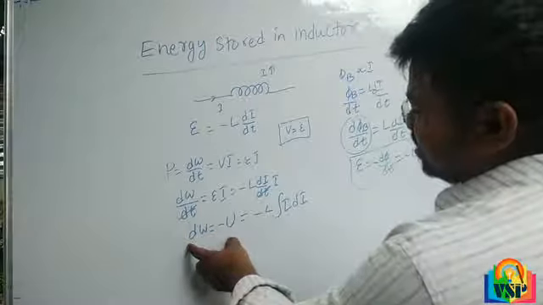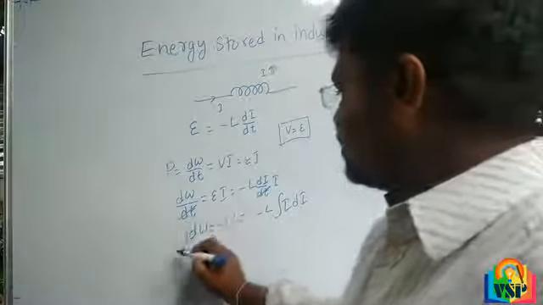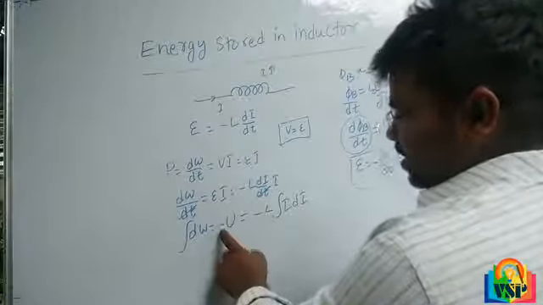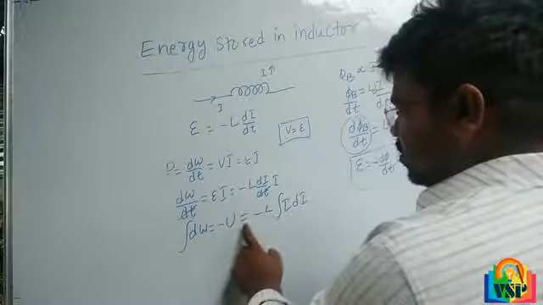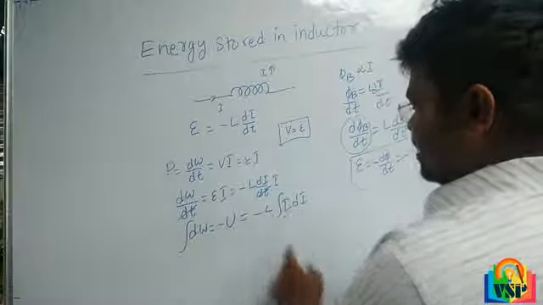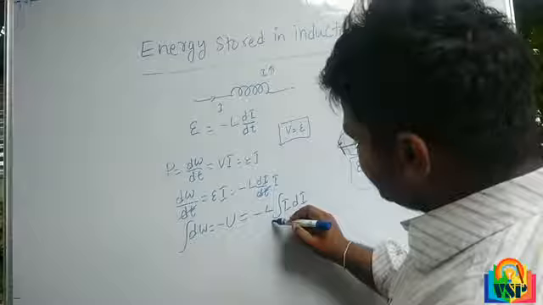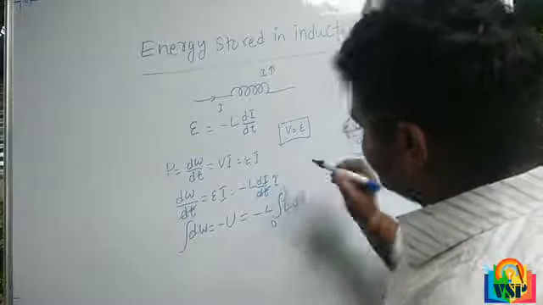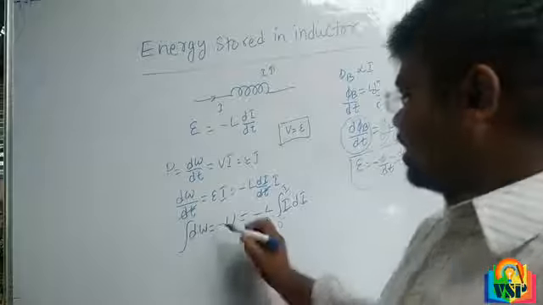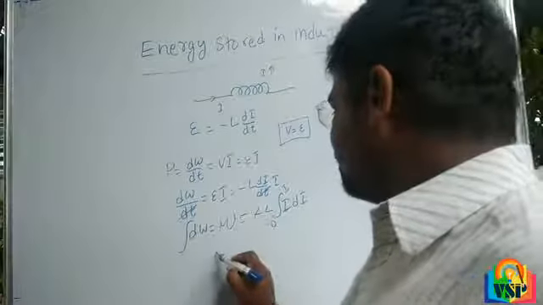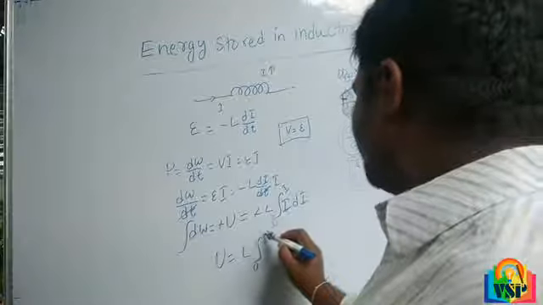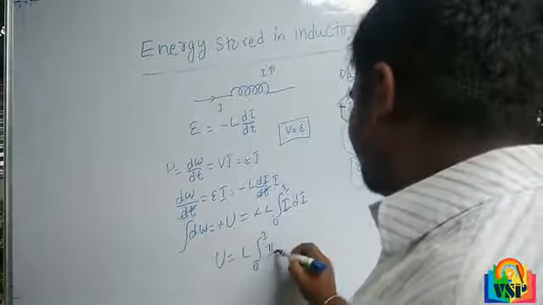By integrating, we get the potential energy U equal to minus L integration of I di from limits 0 current to I current. Understand? The negative gets cancelled. U is equal to L integration 0 to I of I di.